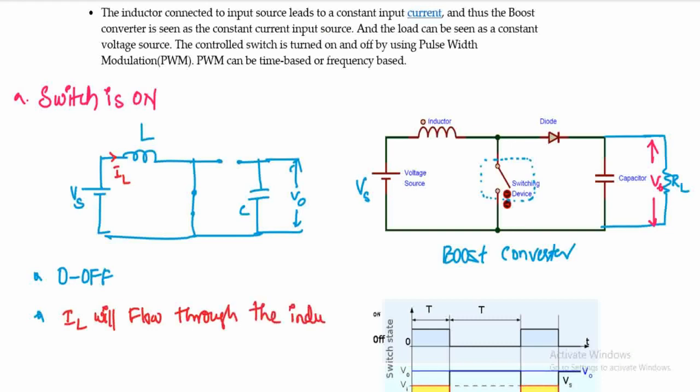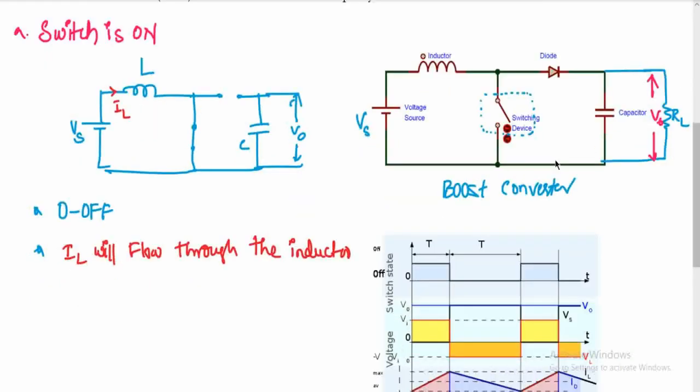Due to this IL current, a magnetic field will be developed around the inductor. This magnetic field will store some energy, that is the energy stored in the inductor, given by half L I square, where this is IL. So some energy is being stored in the inductor when the switch is in on position.